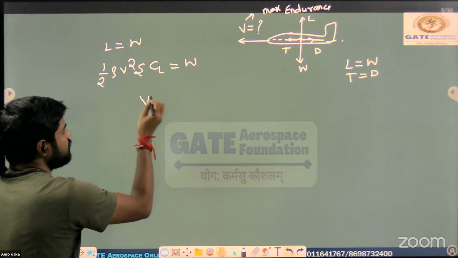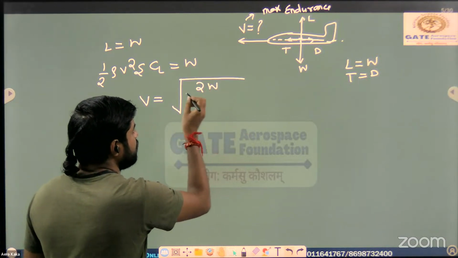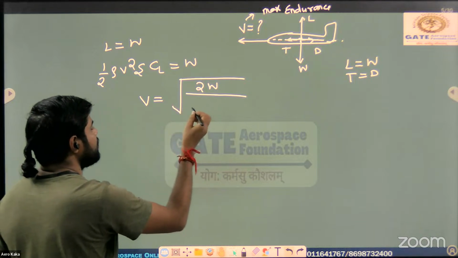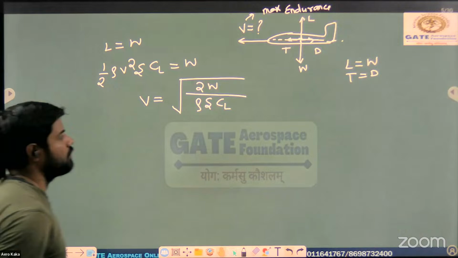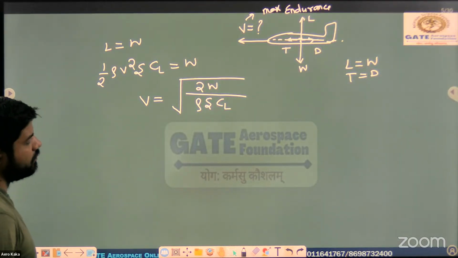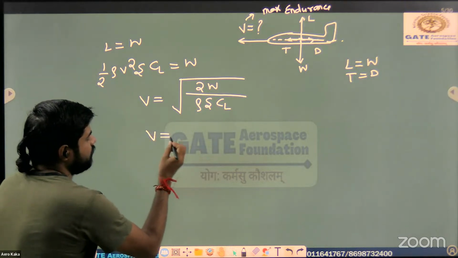So calculate what is the value of V from here. You will get root of 2W divided by how much? Yes, rho S into CL. Clear or not? Now, we can calculate.